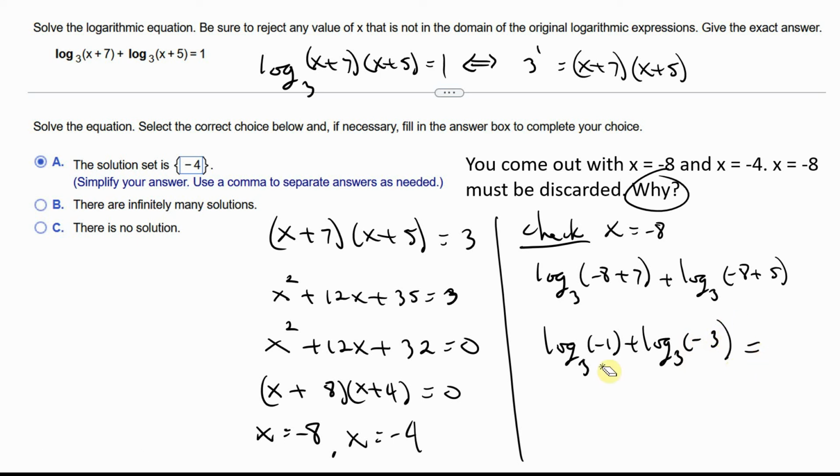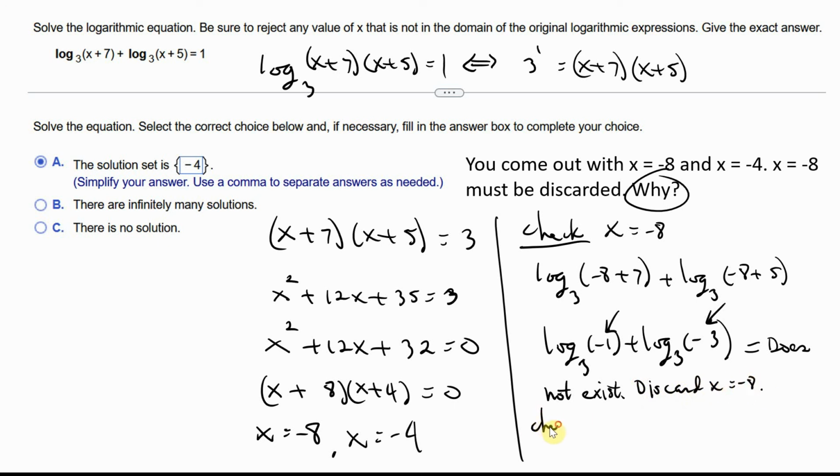You plug that into your calculator and you get does not exist, because I cannot take the log of a negative. These terms here must be positive. That's based on the definition for the domain, right? So we discard x equal to negative 8.